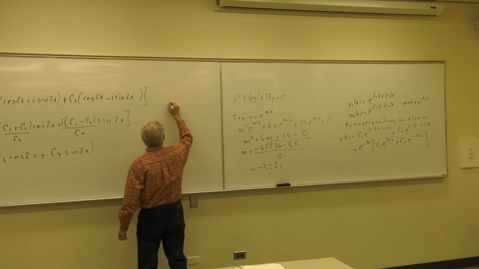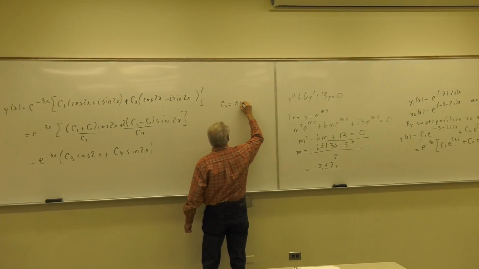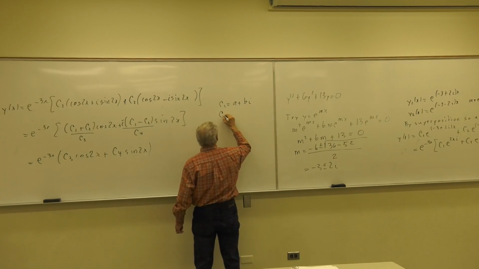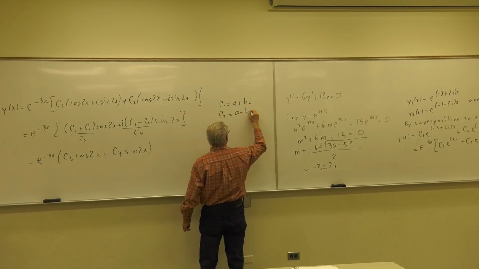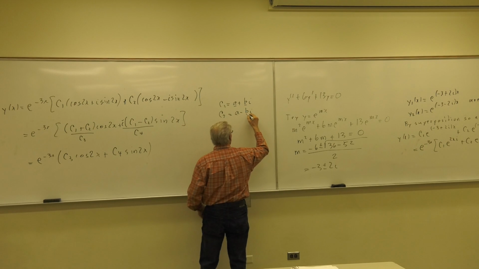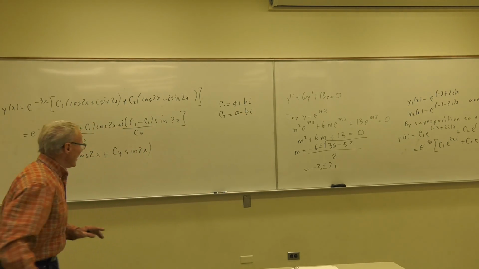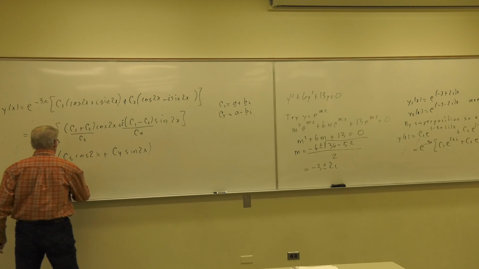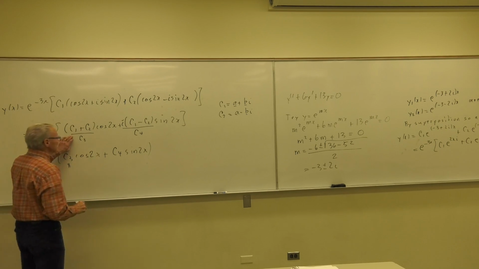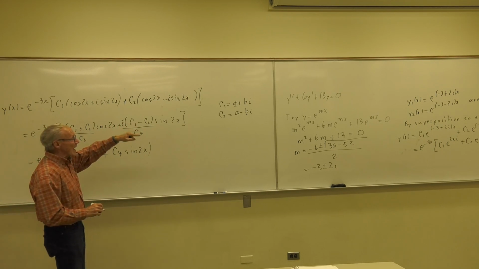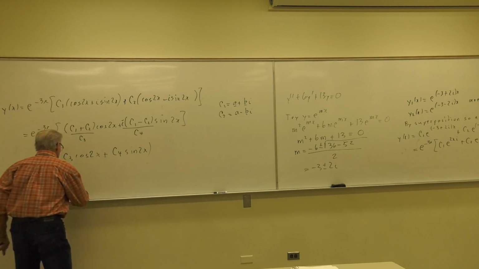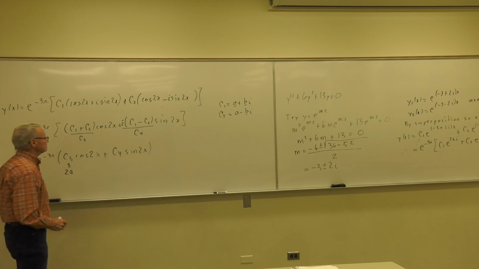Suppose I put c1 equal to a plus bi, and I put c2 equal to a minus bi, where a and b are any two real numbers whatsoever, all right? Now what then is c3? c3 is supposed to be those two guys added together. That's 2a.